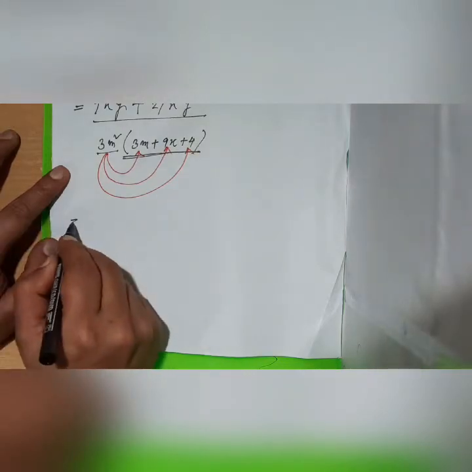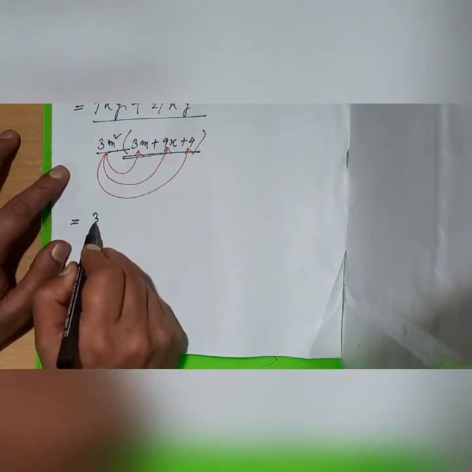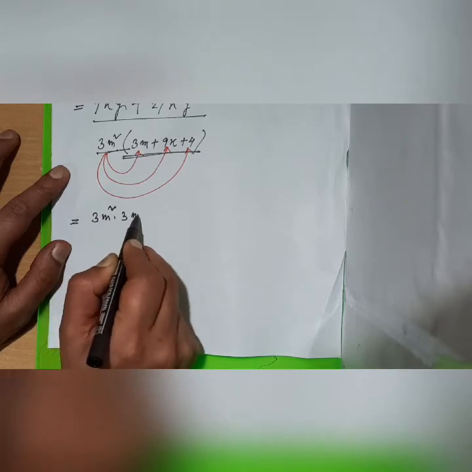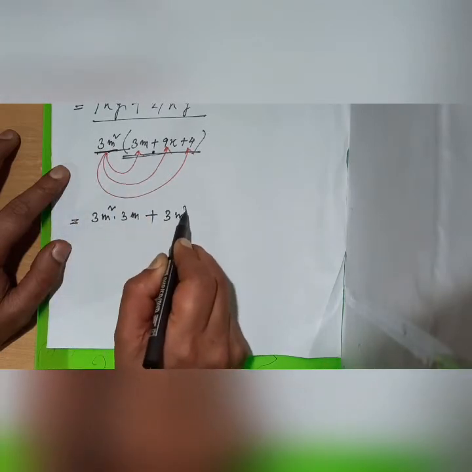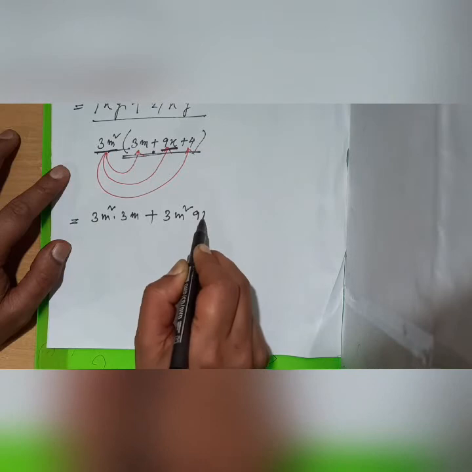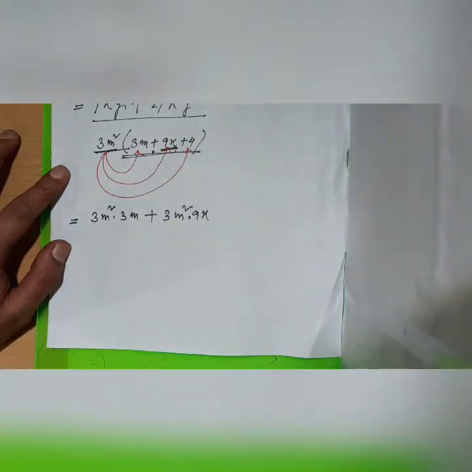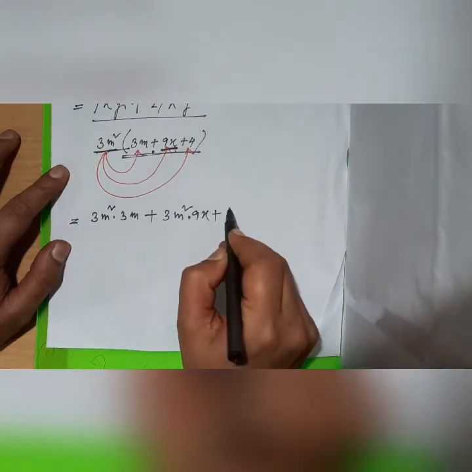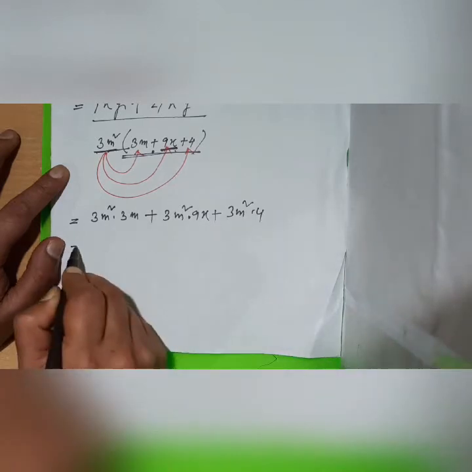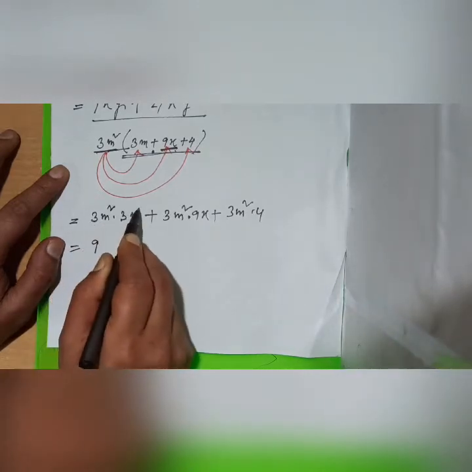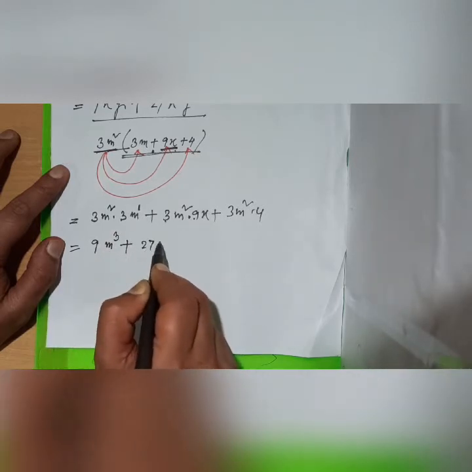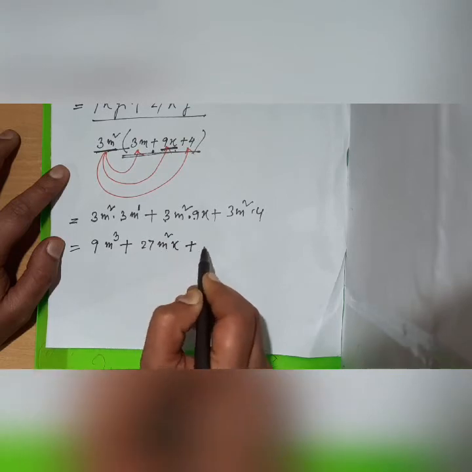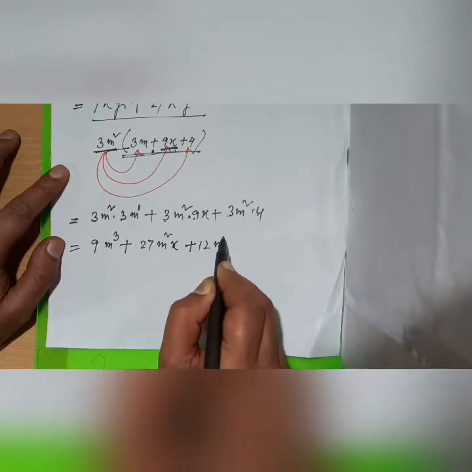Now first you multiply these two, so that is 3m square into 3m, plus again 3m square into this 9x, plus 3m square into 4. 3 times 3 is 9, m square and m power 1, total m power is 3, plus 3 times 9 is 27 m square x, plus 3 times 4 is 12 m square.